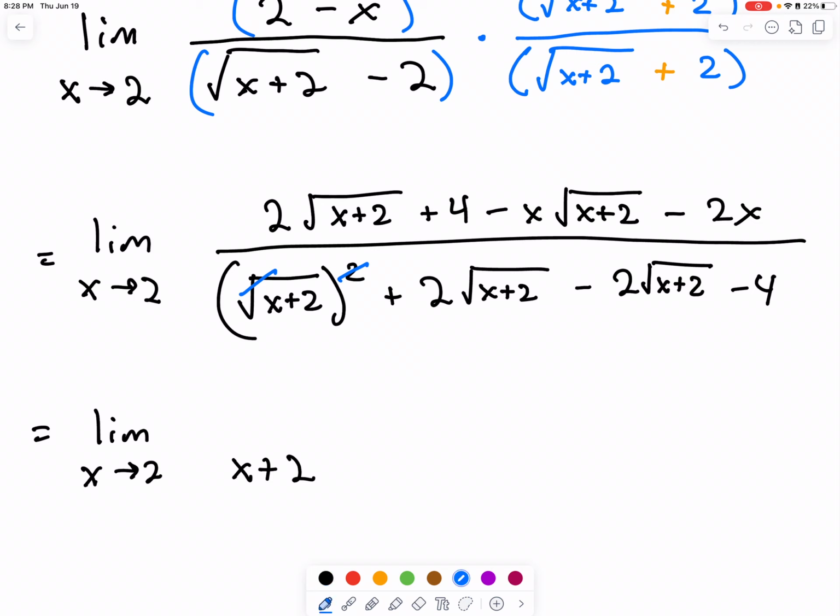These guys cancel, since a number plus its opposite adds to 0, so all that's left there is the minus 4. We'll come back and update that momentarily. On top, there are no real like terms. We could factor out that square root of x plus 2 from those 2 terms.